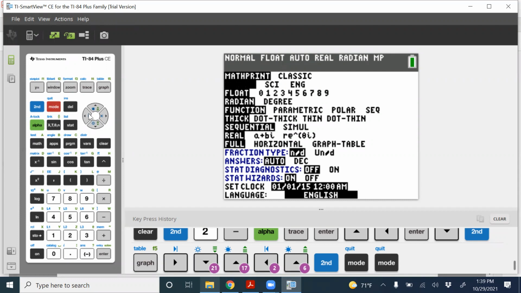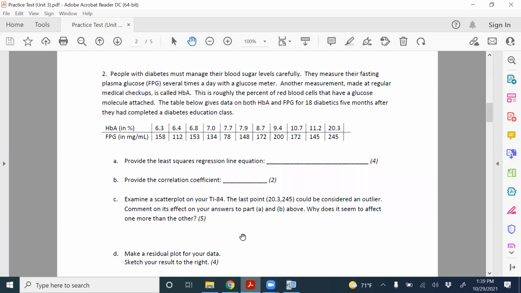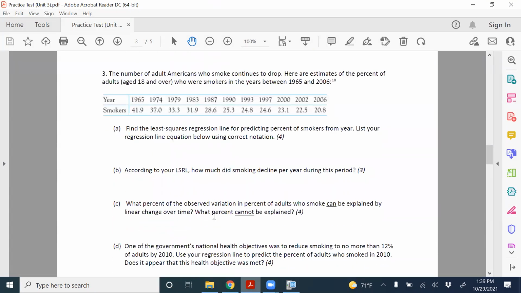Okay. Then number 3 is gonna be more of the same stuff. So number 3, again, you do a table. You can let this be x, let this be y. So how much can the slope decline per year?